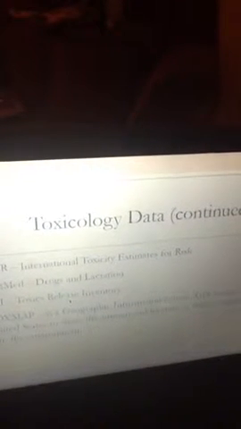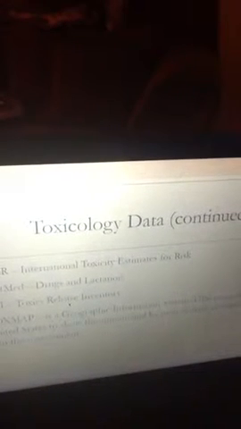And we have the toxicology data continue. And we got ITER, which is the International Toxicity Estimates for Risk. And this is risk information for over 600 chemicals from authoritative groups worldwide.